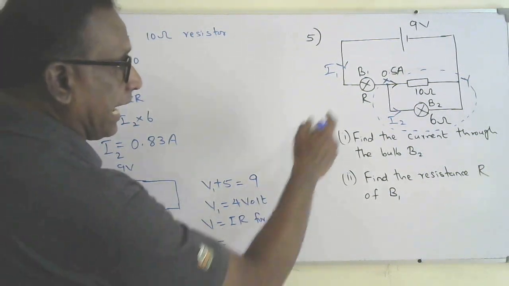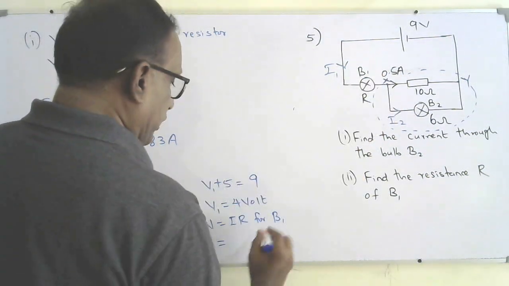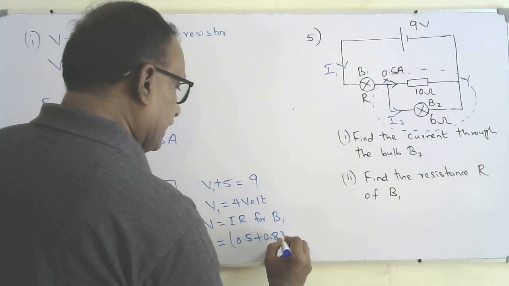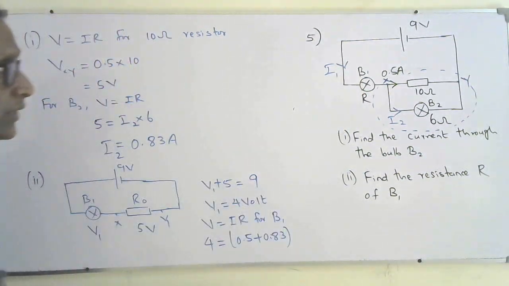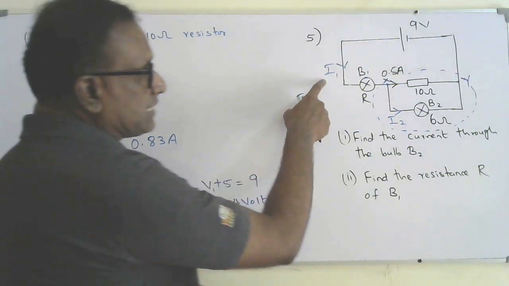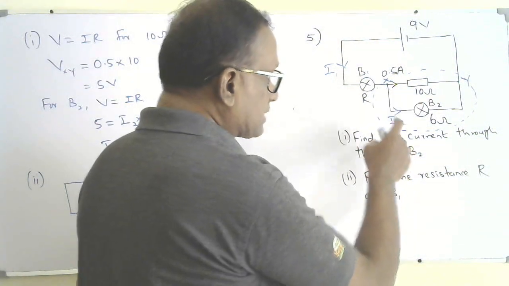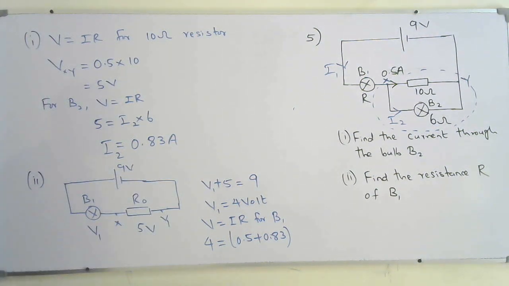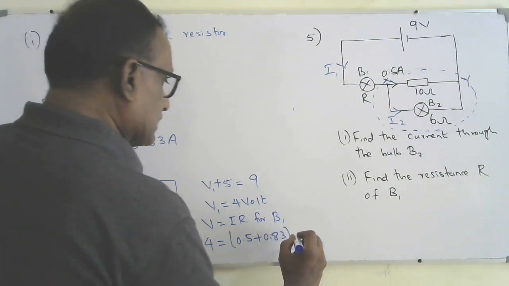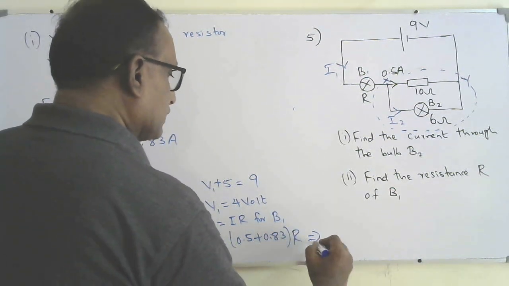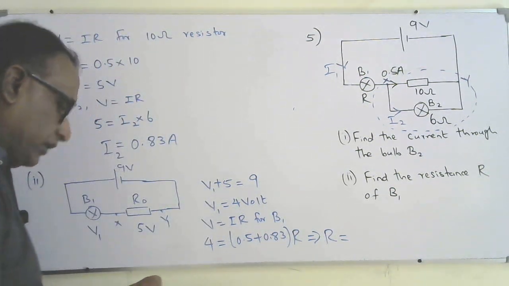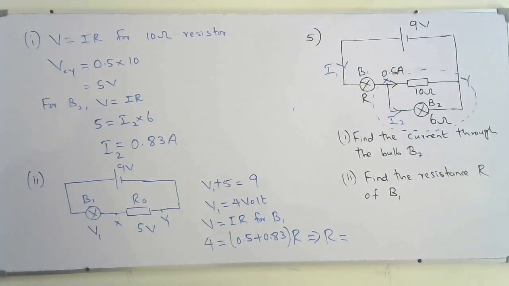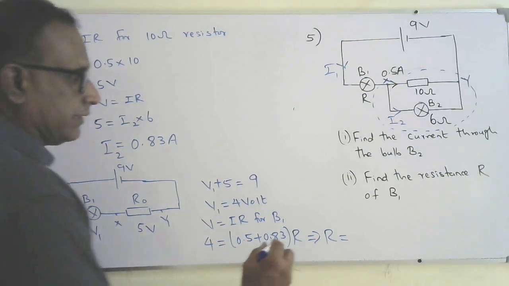So the current is 0.5 plus 0.83, because according to Kirchhoff's first law, I1 is equal to 0.5 plus I2. So R will be 4 divided by the sum of these currents. That will be 3 ohms.